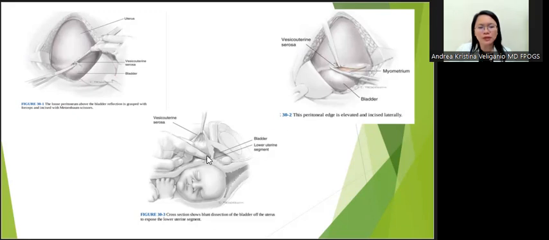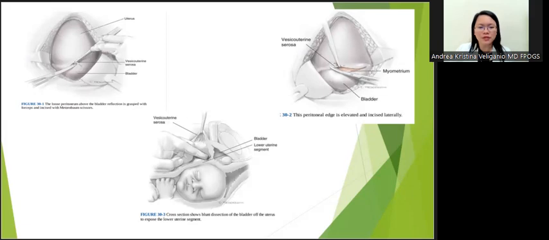Okay, you have to separate the bladder. And so as you can see in the picture, there is a balloon catheter. You have to insert a Foley catheter so that the bladder would not be distended. And so when you do this incision on the abdomen up to the uterus, you will not be able to injure the bladder.